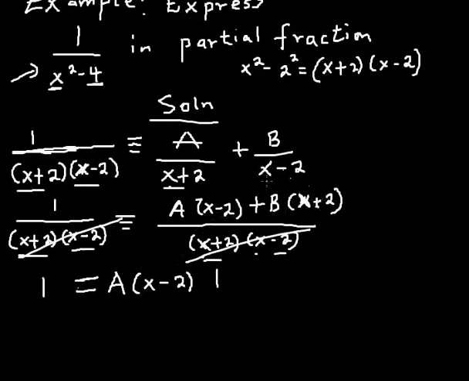Please pardon me. This cancels this, I'm left with this, so this s plus 2. So correct that mistake. So here I'm having of course b into x plus 2.